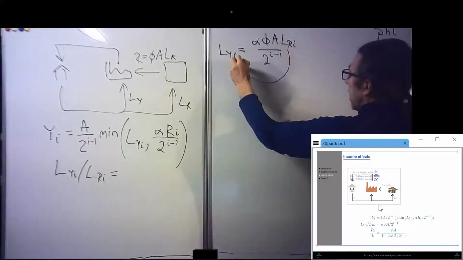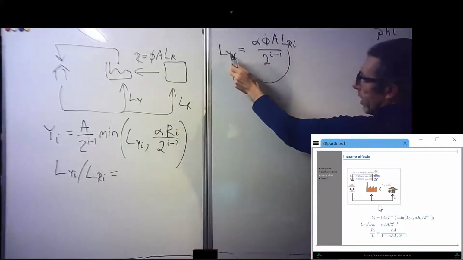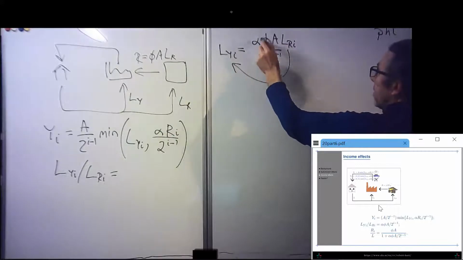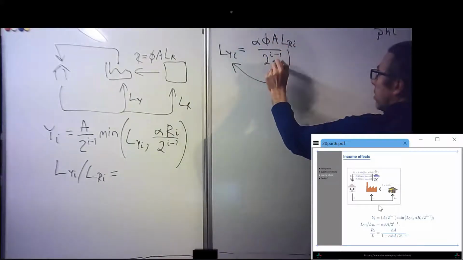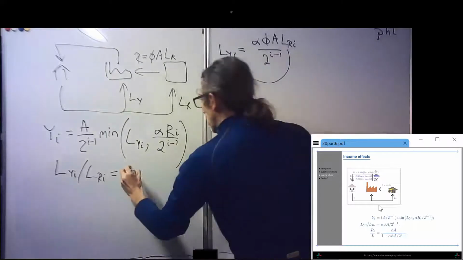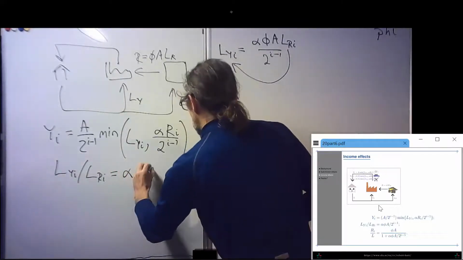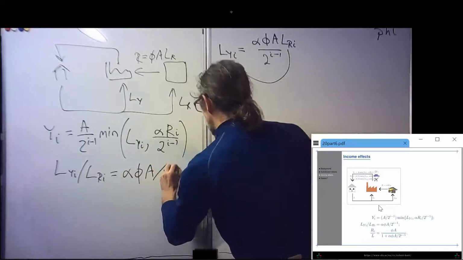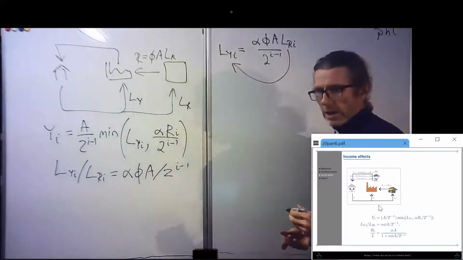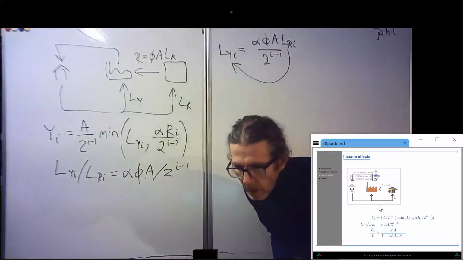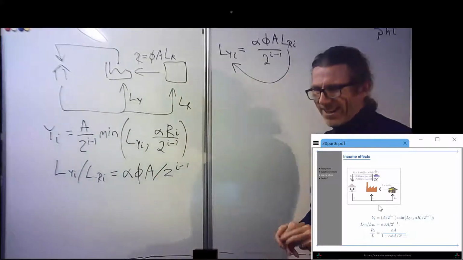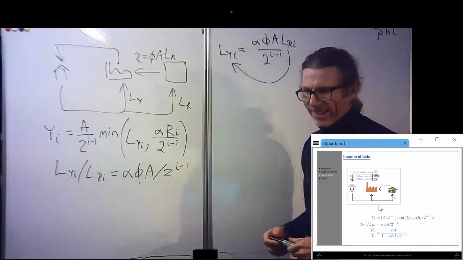If we bring this down, we've got L_YI over L_RI is alpha phi A over 2 to the I minus 1. Alpha phi A divided by 2 to the I minus 1. Oh, yes. Okay, that was correct on the notes.